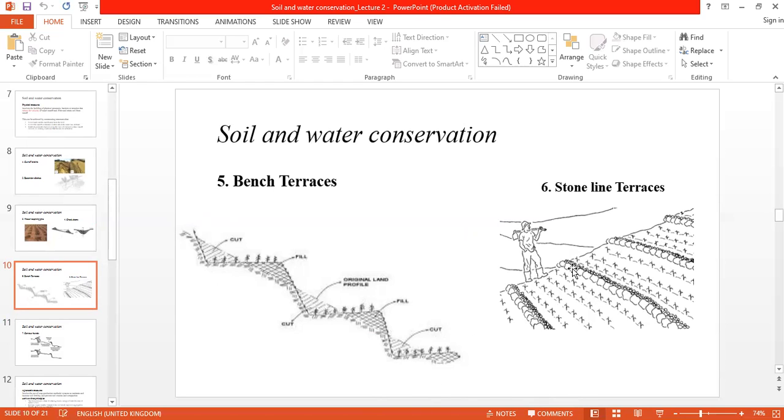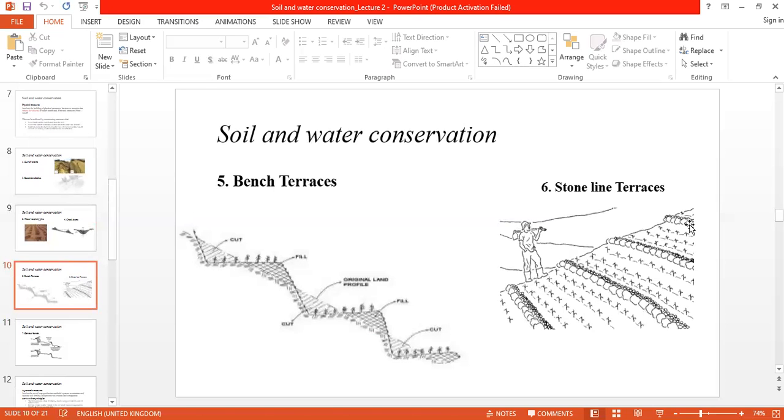The soil which is here will start eroding down, but since you've blocked it, it will get stuck here, such that you have reduced the depth of soil here and increased it here. So it will be flat here, here and here, like a bench terrace kind of structure.